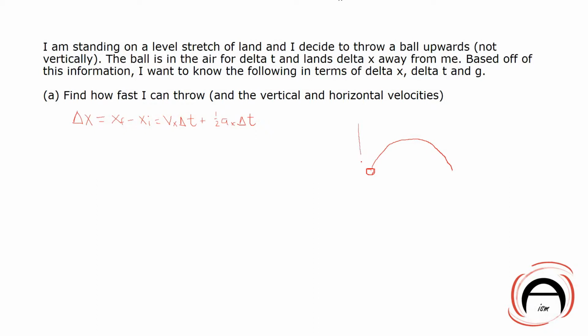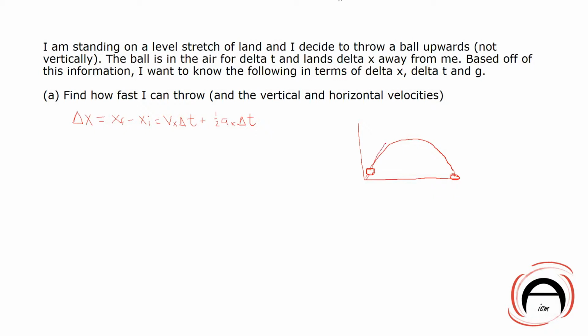So let's redraw those axes. They didn't seem very straight. So I'm over here, and then I decide to throw this ball right here, and then it lands on the ground over here. And I threw it with some velocity.